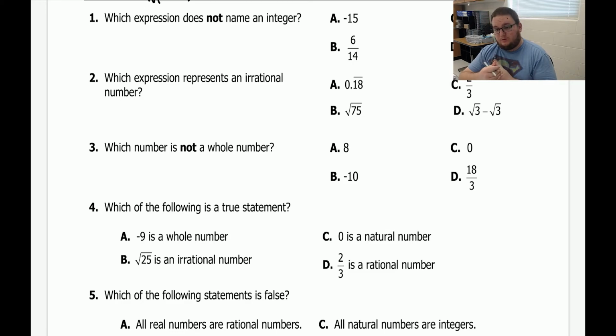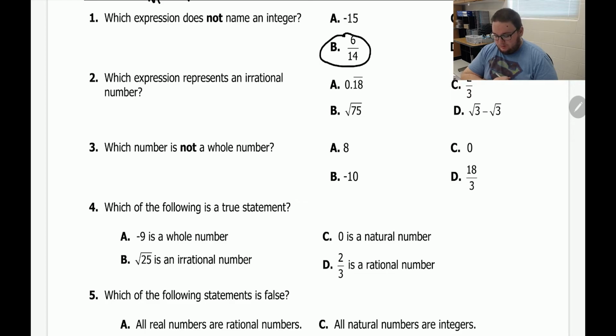C, 0. That's an integer. D, 12 over 6. Well, that reduces to 2, and 2 is an integer. B, 6 over 14. If you put that into your calculator, you're going to get a decimal, so that means that it is not an integer. So that means our answer for number 1 is going to be B.